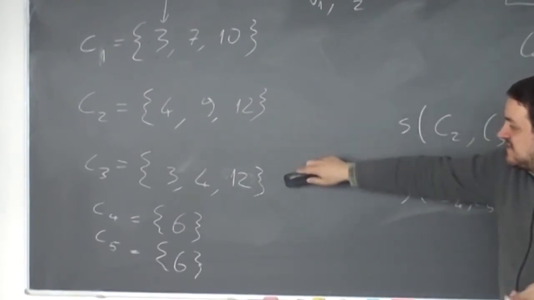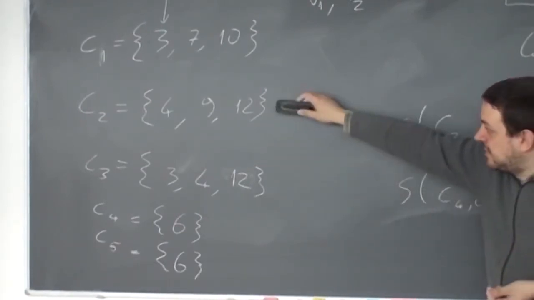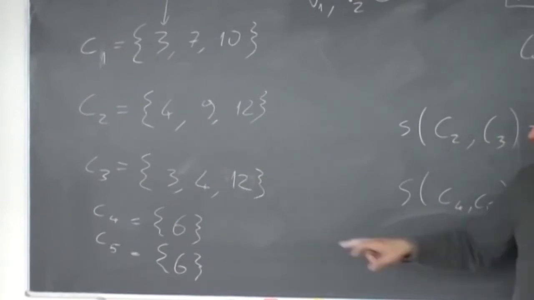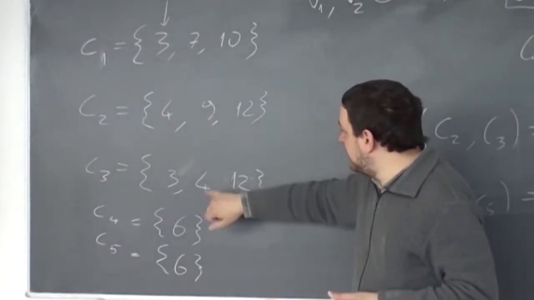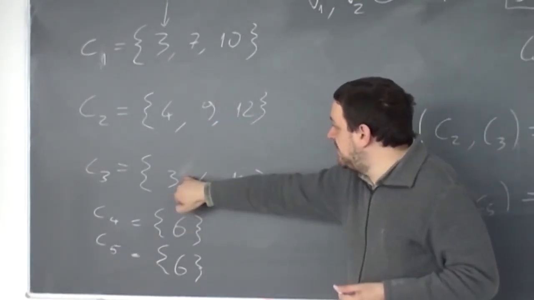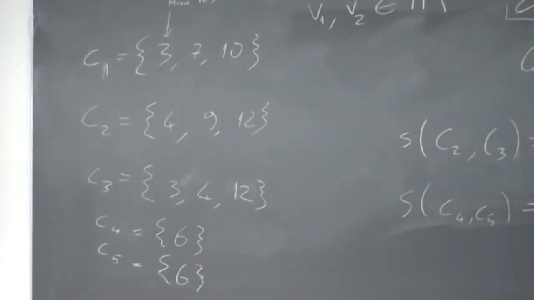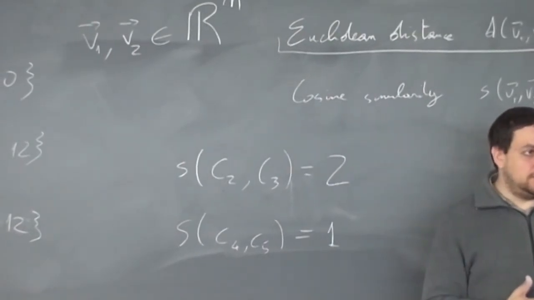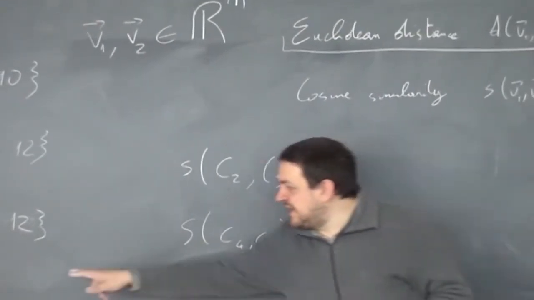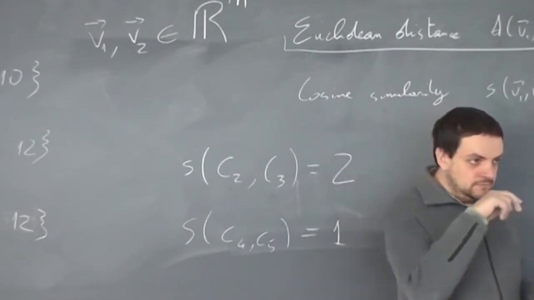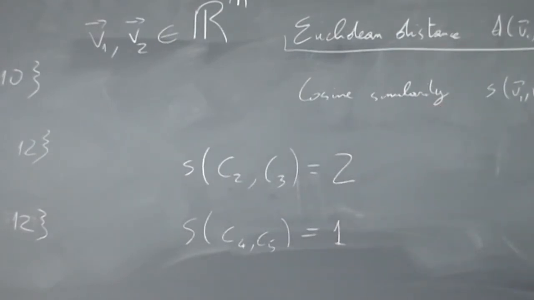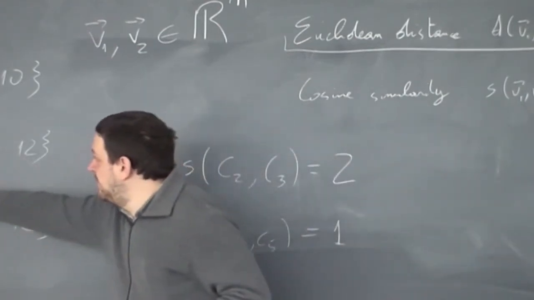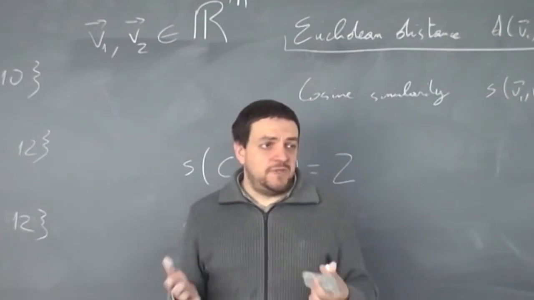While C2 and C3, okay, they have two common items, but they also bought some different items, for example, item 3 and item 9. So actually C2 and C3 should be less similar to each other than C4 and C5. We obtain this, okay, what is the problem here? Is the overall number of items that have been purchased.